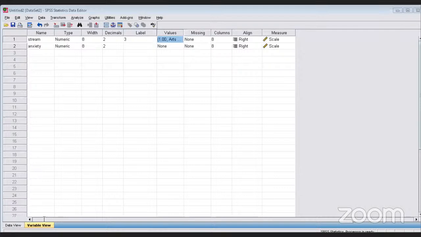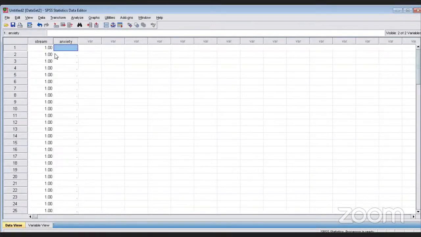Now in the data view, now you click on the data view, you have this sheet. And now here you have to enter the data. So I have already entered the data of the stream. And now I am entering the data of the anxiety.